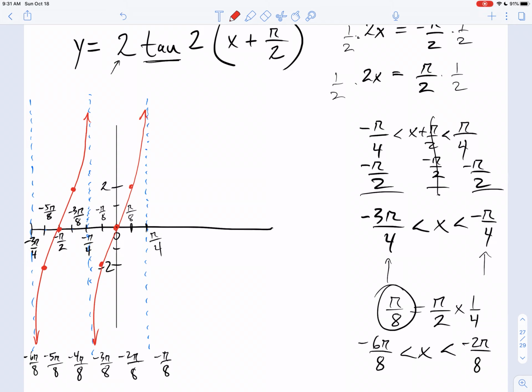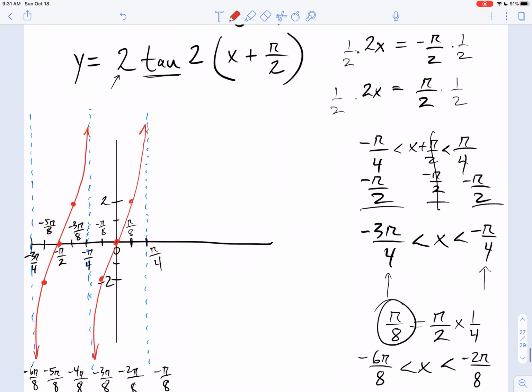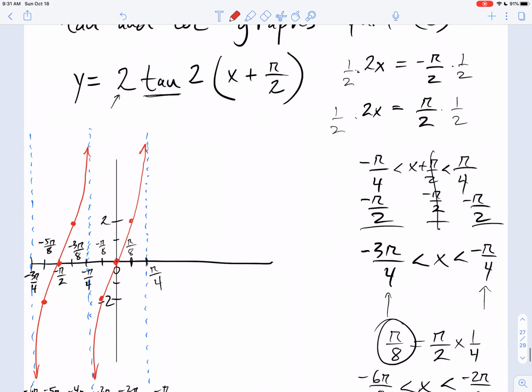So let's just go back through this one more time. Remember, a tangent graph, it's not 2 pi divided by b like a sine or a cosine. No, no, no. We do bx equals negative pi halves, and we do bx equals regular pi halves. So that was this stuff right here.